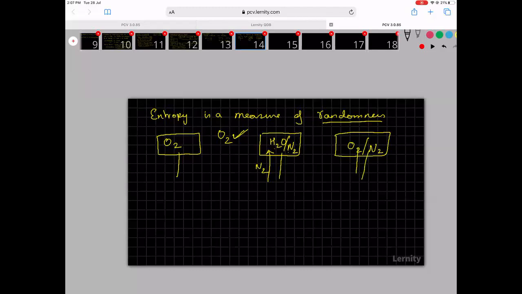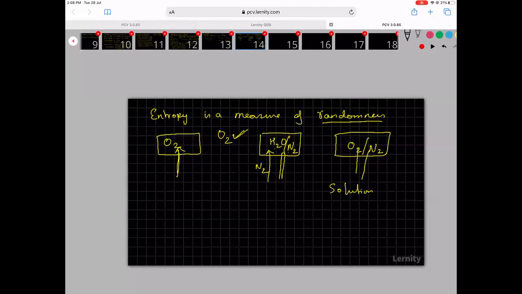So where is the randomness more? Randomness is always more in solution. Why? Because you have multiple types of particles. So when you say random, it means in that context. We need to understand the meaning of this randomness. The randomness is with how much surety can you say that yes, you are touching whatever you say you are touching. In this case, I am touching oxygen, nothing else.